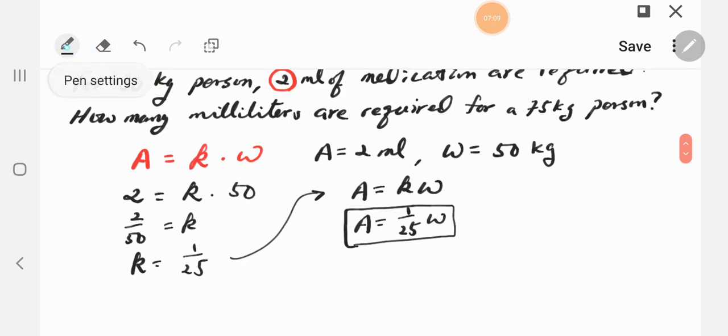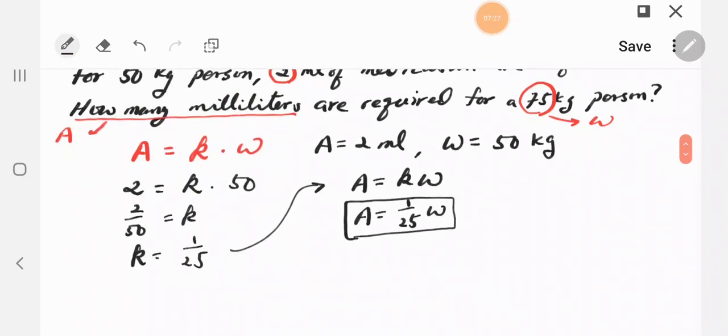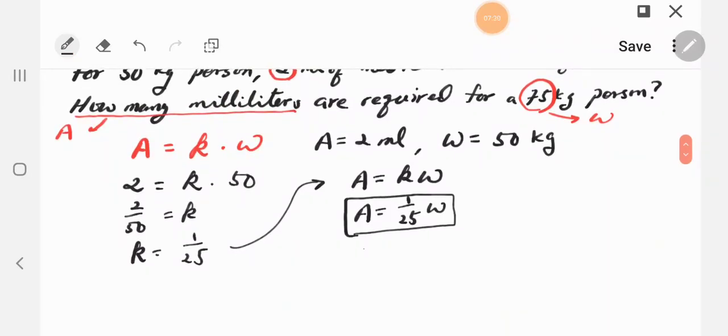So we want to find A. Let's find A from the equation, and the weight is given, 75 kilograms of a person. So we want to find A, and then W is what? From here, W is equal to 75 kilograms. So plug it in here.